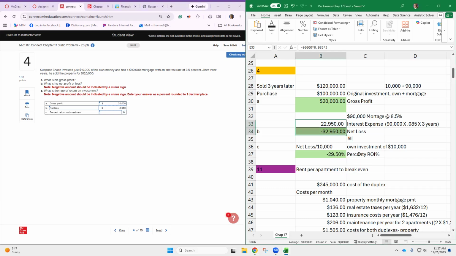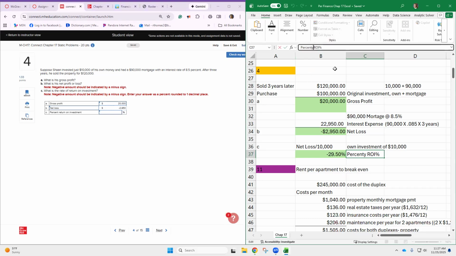That's called a percent return on investment, but it is a negative one. You still calculate it the same. So it's the amount that was made, which is a loss, negative due to loss.